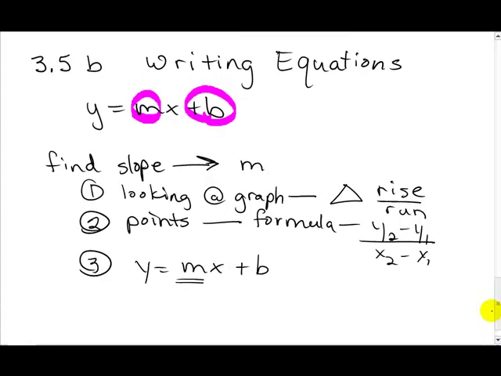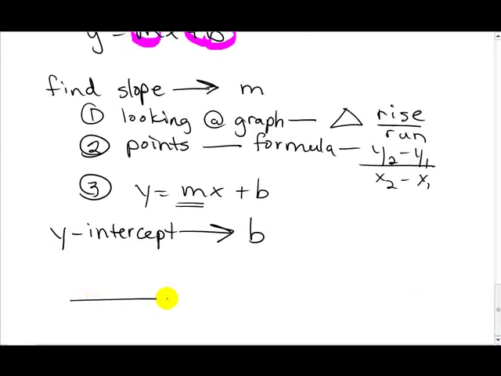So, and then the b is the y-intercept. And we've talked about, that's on a graph, wherever it is here on the y-axis. If it's in an ordered pair, it's going to be this number.